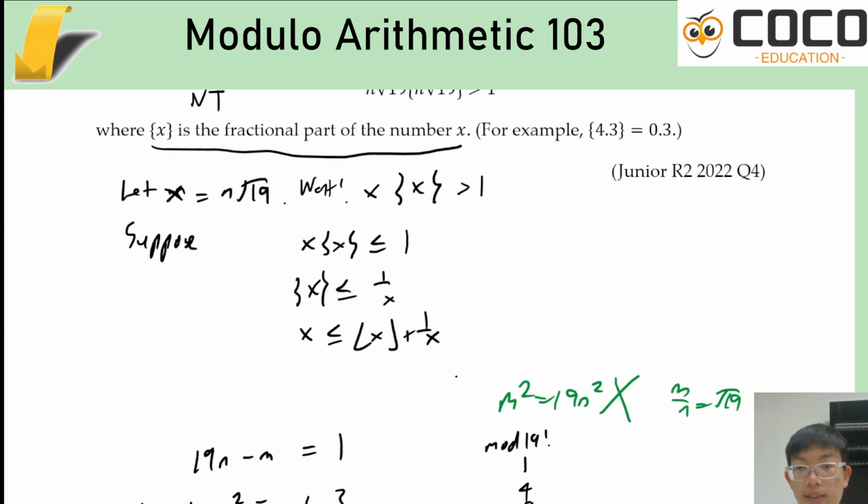So I'm going to write it like this. Of course, if you want to put this here, you can. And because I would like an integer, I'm going to rearrange this and say that this is also the same as saying that my floor x is close enough to x.